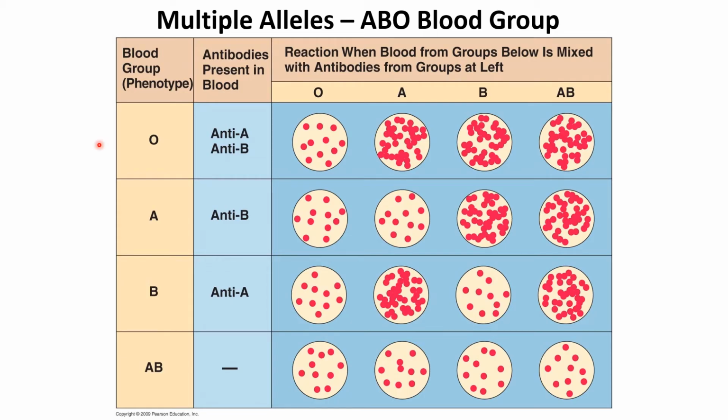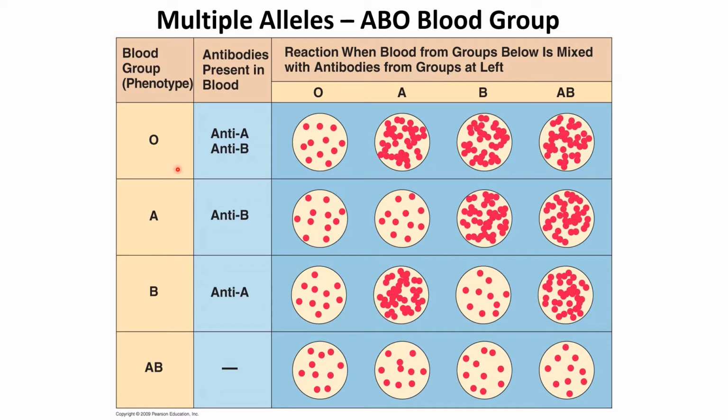This table shows how to test the blood group. For O blood, there is anti-A and anti-B. That means there are antibodies that will react with carbohydrate type A and carbohydrate type B. Of course, in blood A, B, and AB, there are these types of carbohydrate. That means O blood will clot with all 3 types of blood except itself.